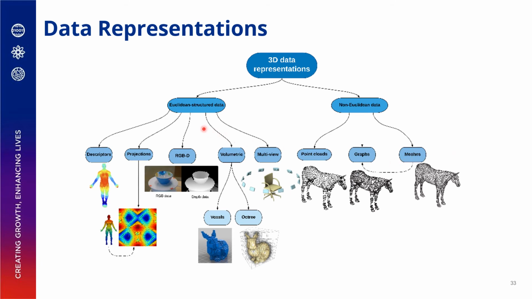In terms of Euclidean structured data, you can look at RGBD data, which contains your color image as well as the depth image, mainly from things like Kinect. And then you can have volumetric data, which is essentially a 3D cuboid that is divided into multiple, let's say, vertical planes, with each plane of a certain depth, right?